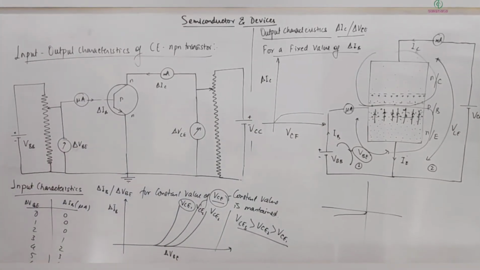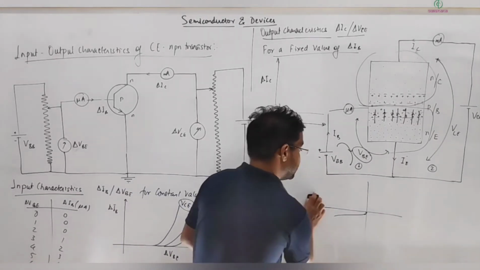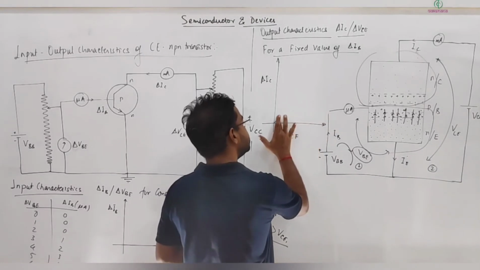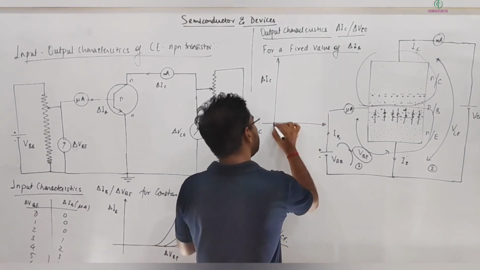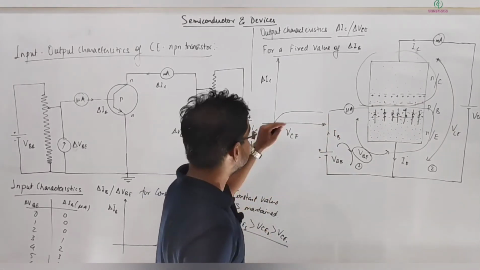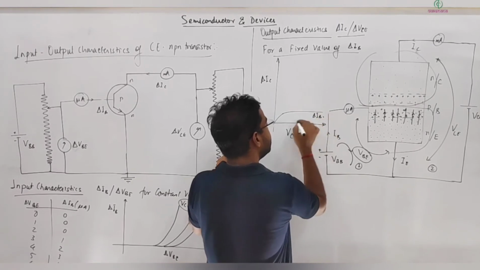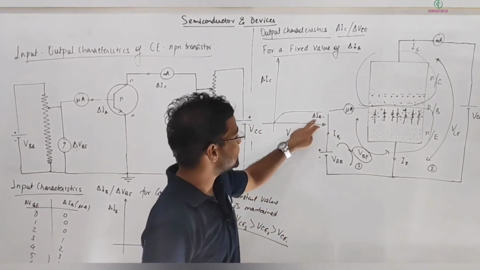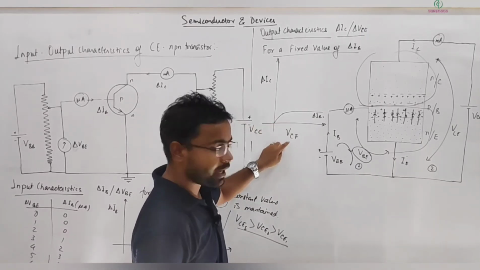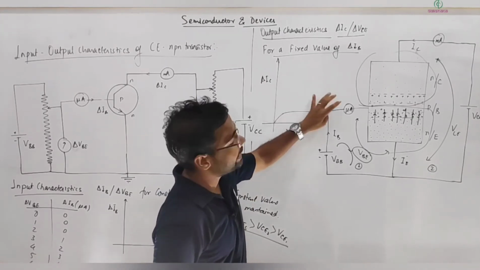So about the output characteristic, if we just look at the result from the experiment, it looks like this actually. This variation is almost linear up to some certain point, and after that it becomes constant. This is for one IB value, you can write ΔIB1. Similarly, if we increase this current, then this ΔIC increases with respect to this up to some certain level, and then again it becomes constant.